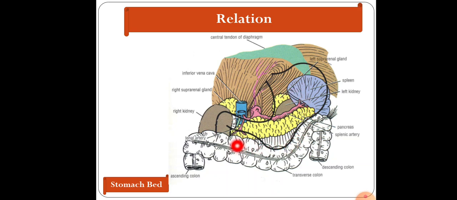All these structures form the stomach bed. Again, the structures forming the stomach bed: diaphragm, left suprarenal gland, left kidney, splenic artery, spleen, pancreas, transverse colon, and transverse mesocolon.